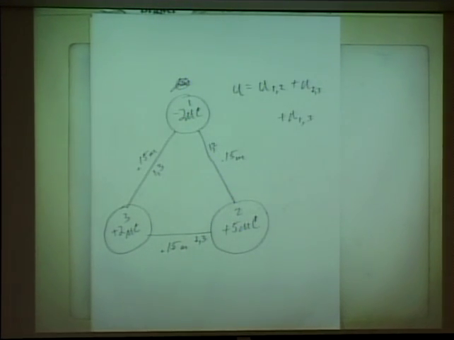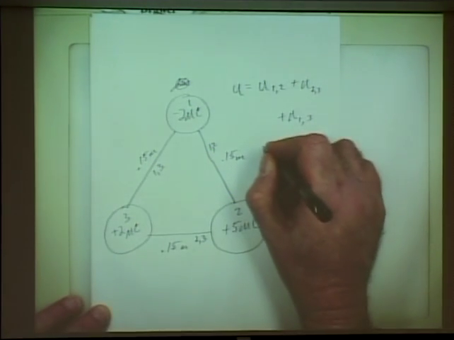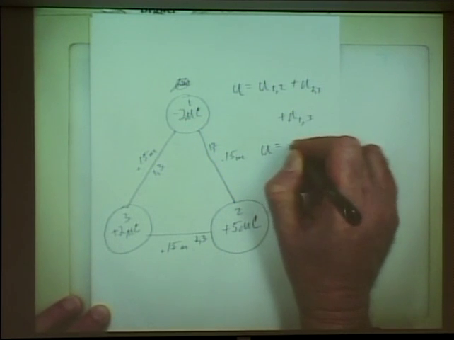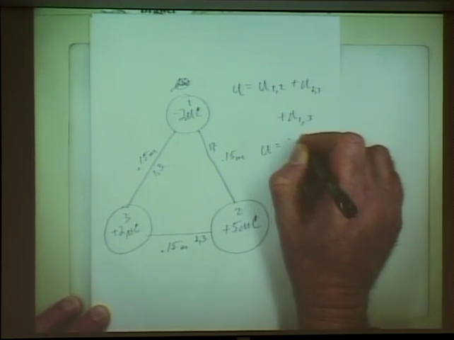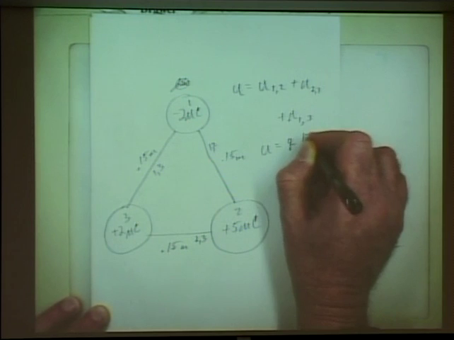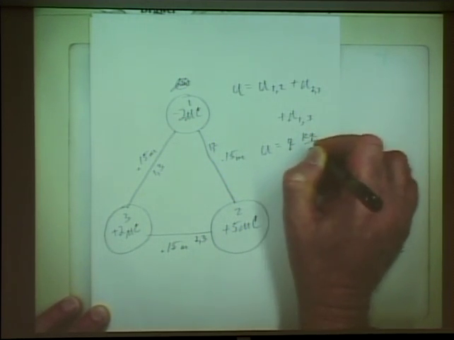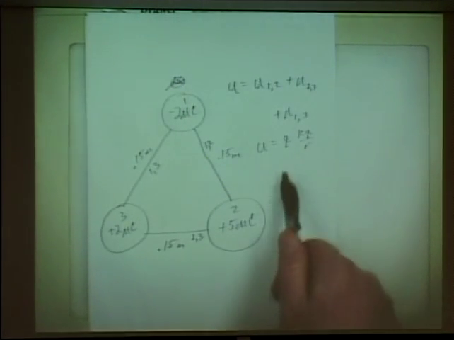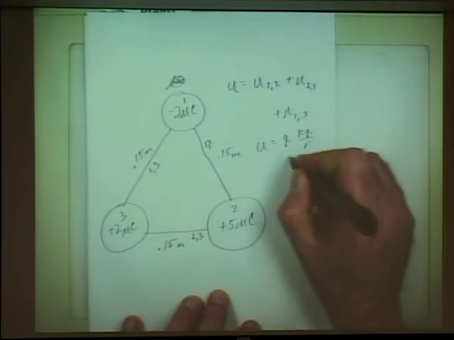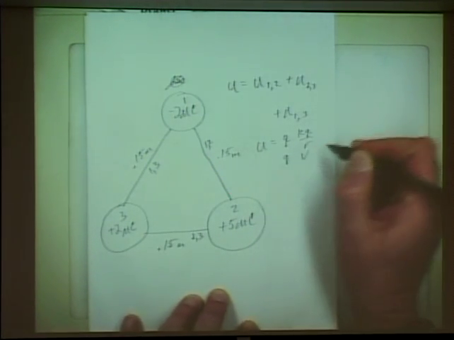All right, where U is equal to, in general, Q times K, Q over R. Q times V. Well, this is my Q times V.